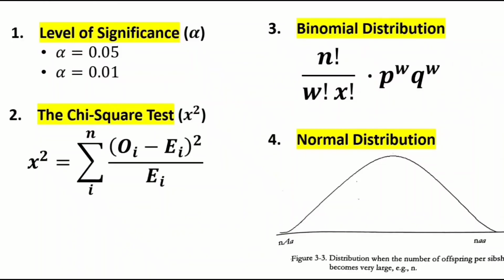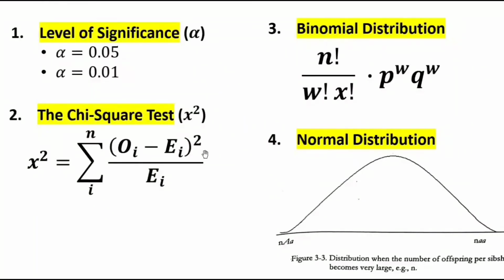So, ito ginagamit natin sa statistics. If you recall from your elementary statistics or even in your Agri 30, yung methods of agricultural research, you also have here a chi-square test, binomial distribution wherein it uses this formula and then yung normal distribution.